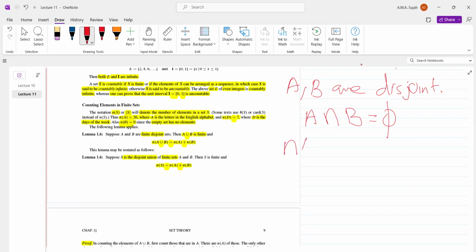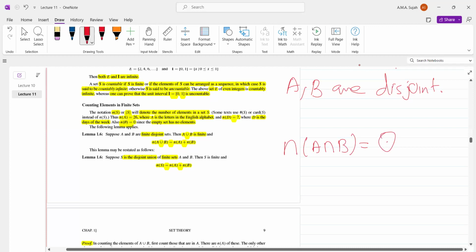Now I am asking the number of elements of A intersection B. So what is the answer for this question? 0. So the answer is 0, right?